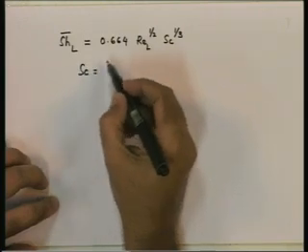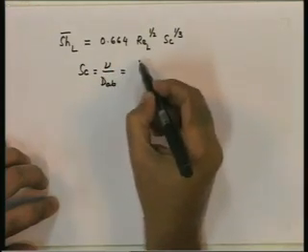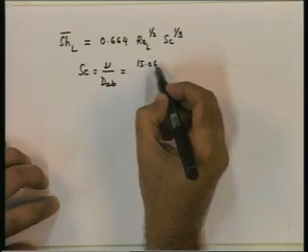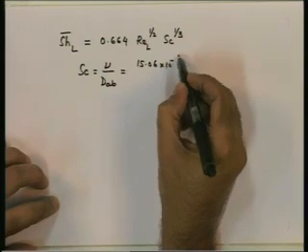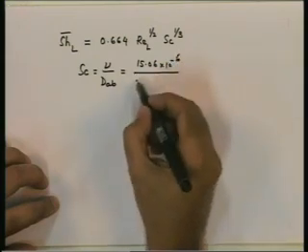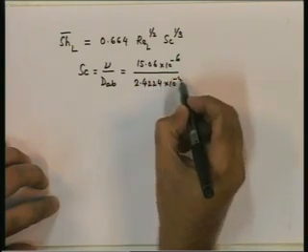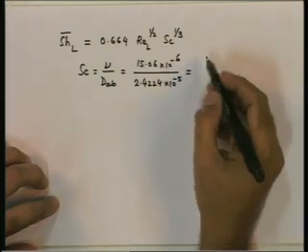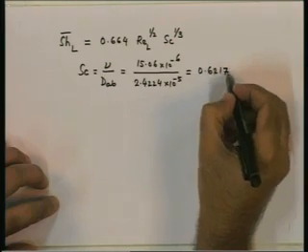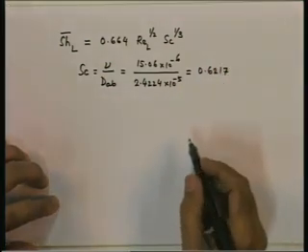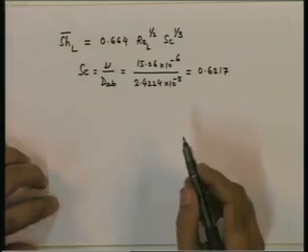The Schmidt number is nu divided by DAB, and we have the values 15.06 into 10 raised to minus 6 divided by 2.4224 into 10 raised to minus 5. This is 0.6217. For gases, you will find that the Schmidt number is usually of the order of the Prandtl number.